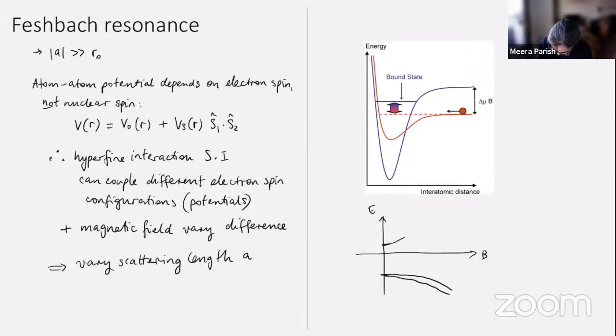Let me see if I got this right. Anyway, the point is that you want to put them in, say, these two lowest hyperfine states here. I think I'm missing a few states, but these involve both nuclear and electron spin. And you're worrying about whether, when you bring them in, they're going to be completely spin up, or spin up and spin down.